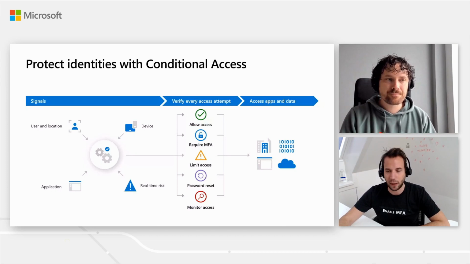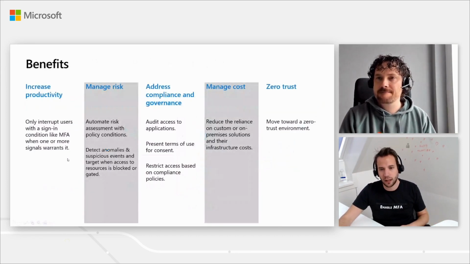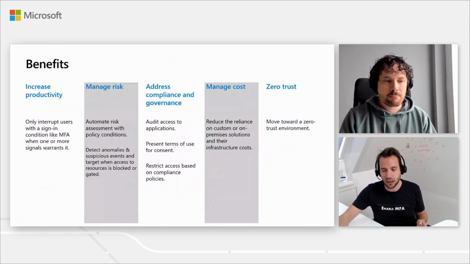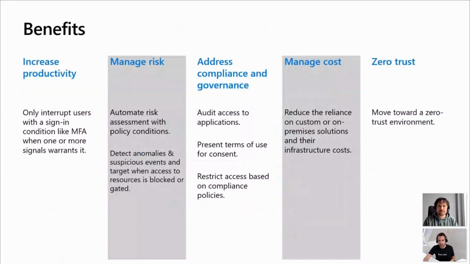Maybe good to have a look at those benefits of conditional access. So this is a little bit high level, of course, but in general, first of all, finding that balance between security and end user productivity is all over this slide. It's increased productivity.